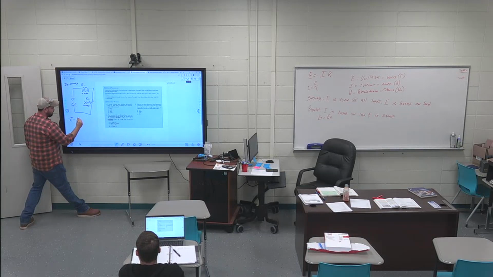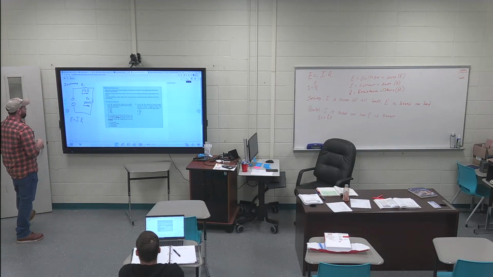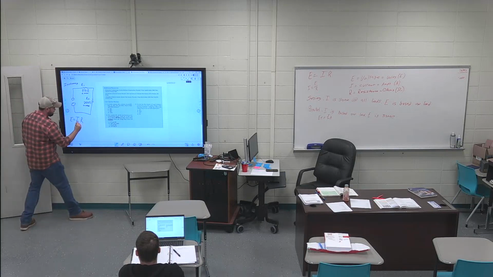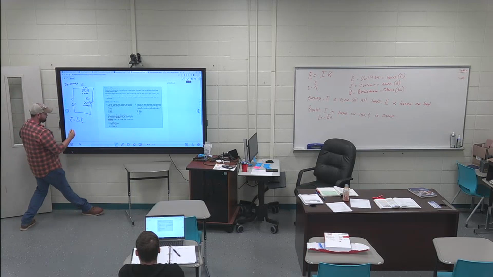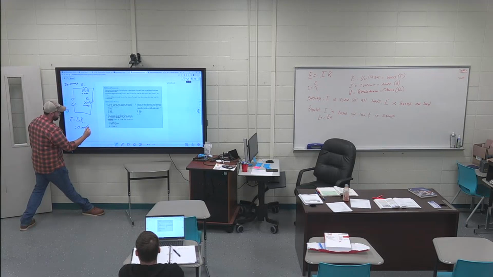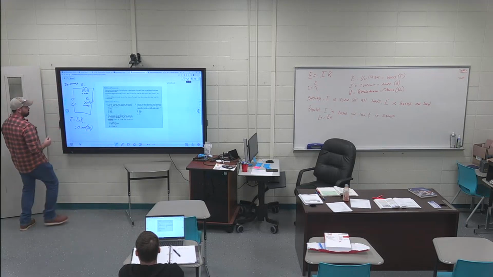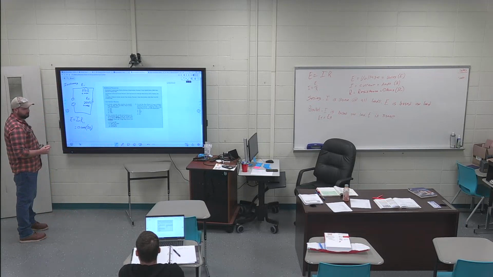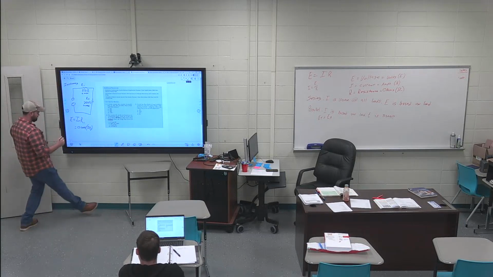Voltage equals I times R. So if I want the voltage drop across R1, I'm using my I total and R1. So I total is 0.004 times 50. What is that? 0.2.